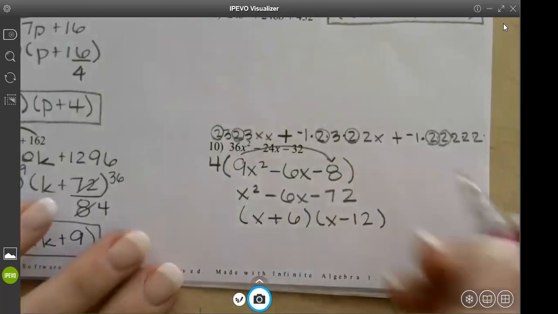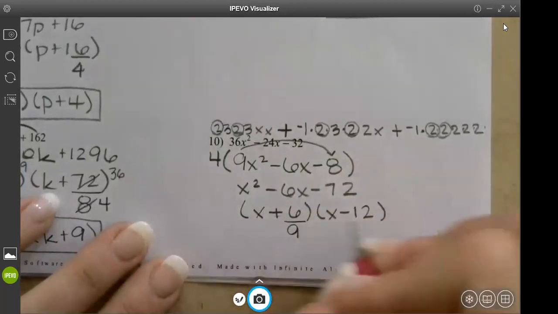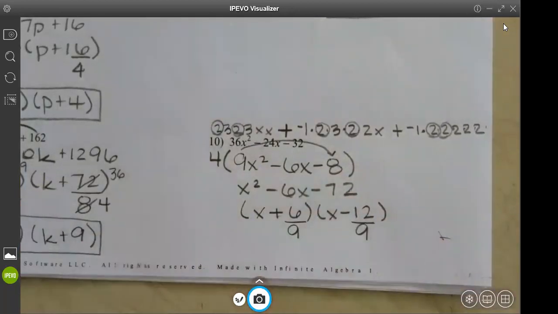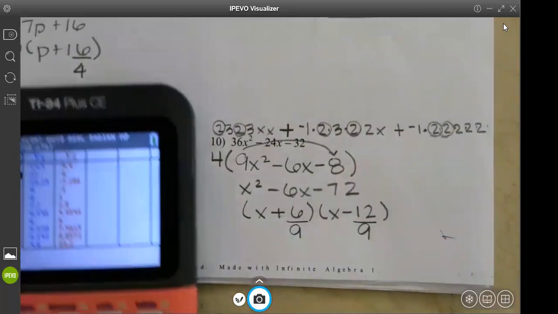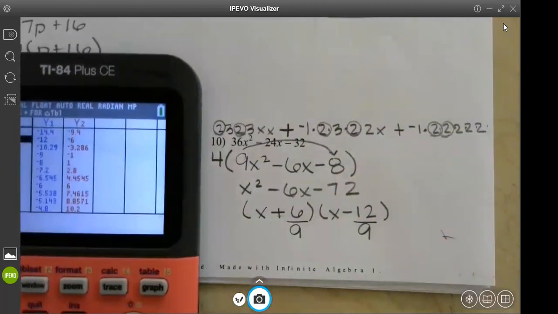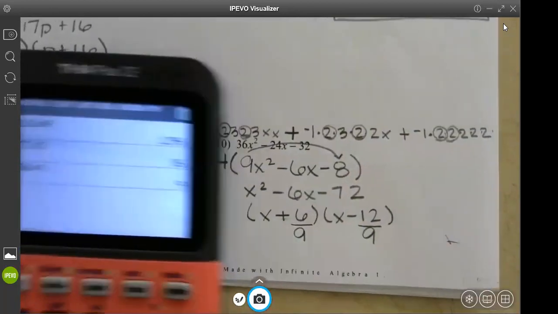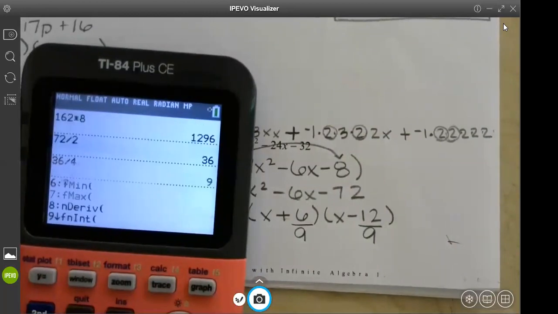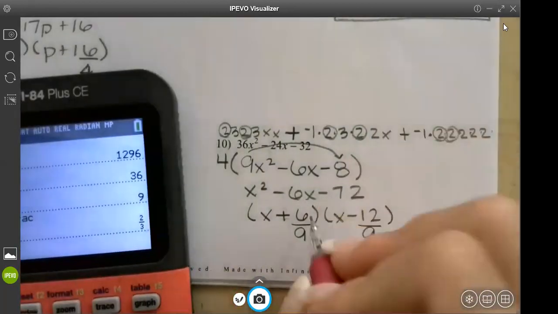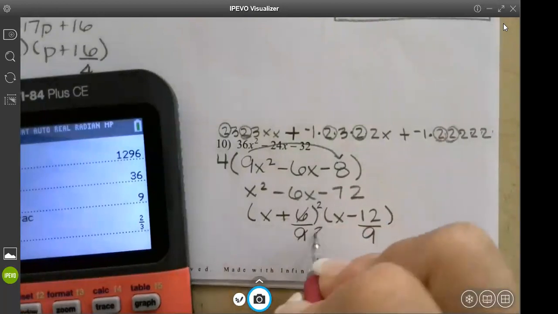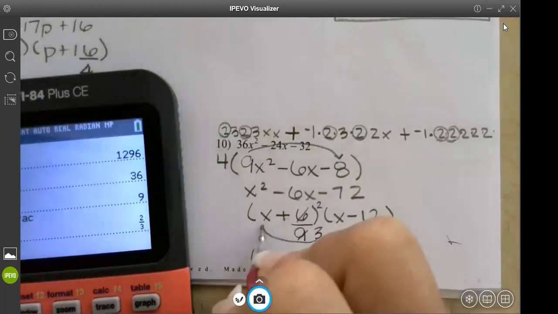I did slide, so I have to divide by 9. Six over 9, math, enter, gives you 2/3. You can do it like this. Slide your 3 up.